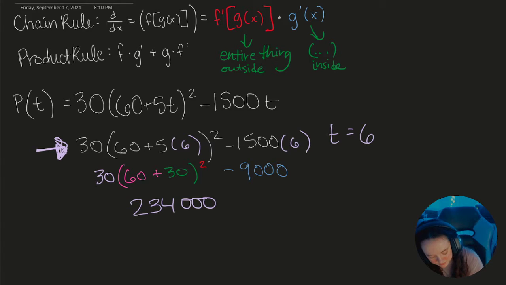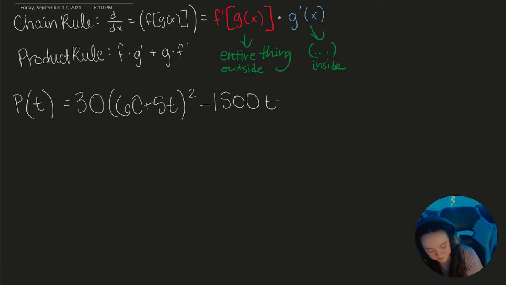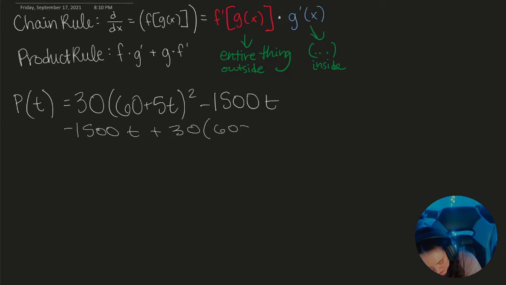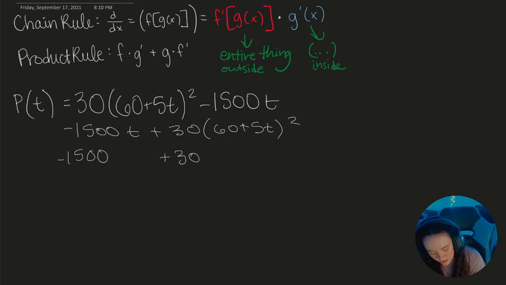So we're going to go back to our original problem. We're going to reorder it. Negative 1500t plus 30 times (60 plus 5t) all squared. Okay? We're going to bring out our constants. Okay? And then we are going to do derivatives.